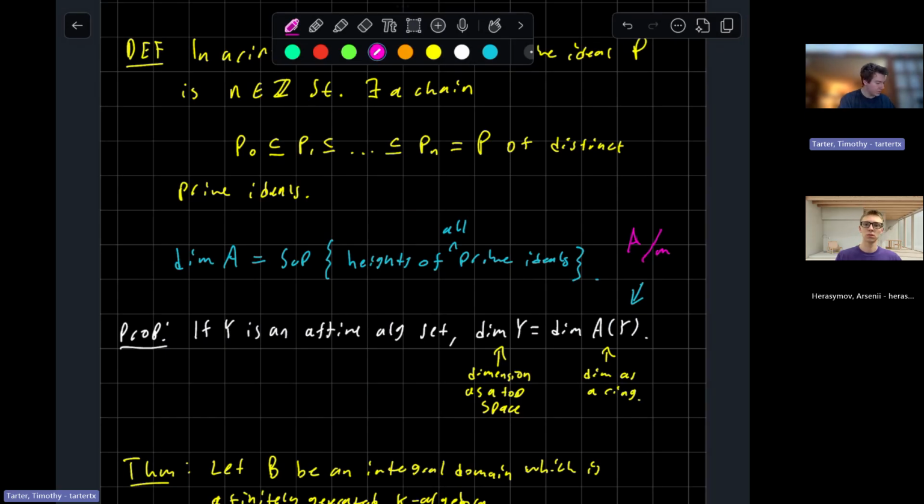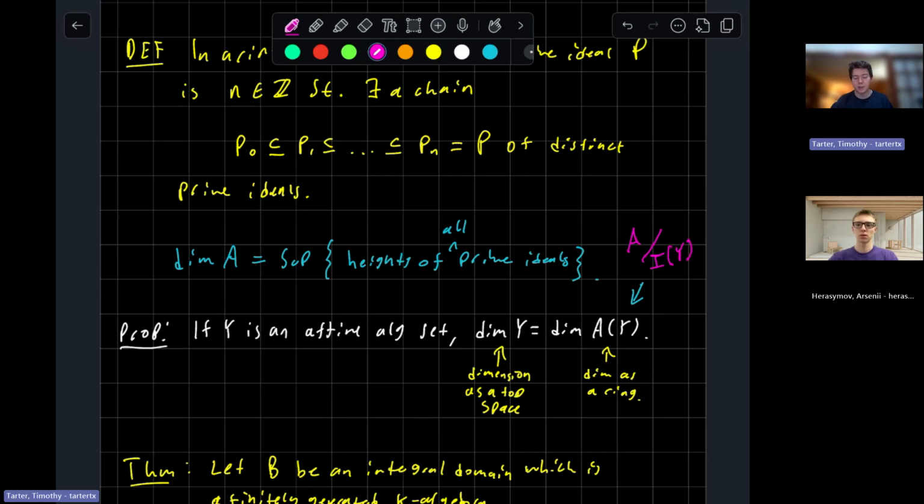One second. I want to make sure that I do that right. No, it's A quotient the ideal generated by Y. That's what it is. Otherwise, it would be the residue field.